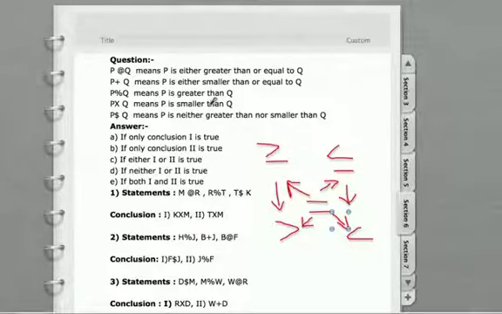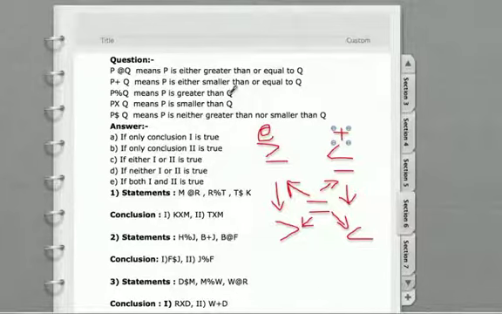So what is given in the question: at the rate means either greater than or equal to, so at the rate is here. P plus means either smaller than or equal to, so plus is here.